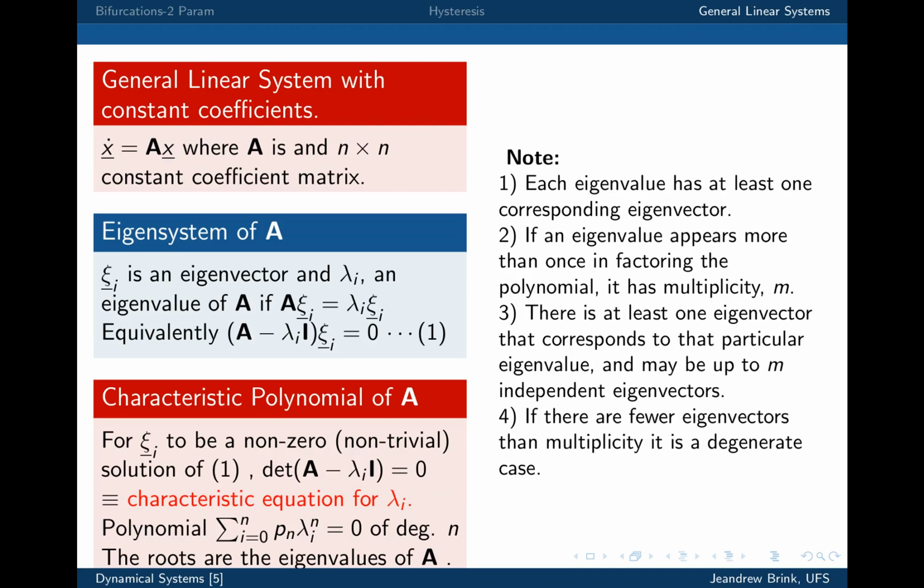Once you have an eigenvalue, you find a solution to your eigenvalue problem, and if you have a unique eigenvalue, you're done. If you have an eigenvalue that appears twice, you try to find a second eigenvector. It may not always be possible.